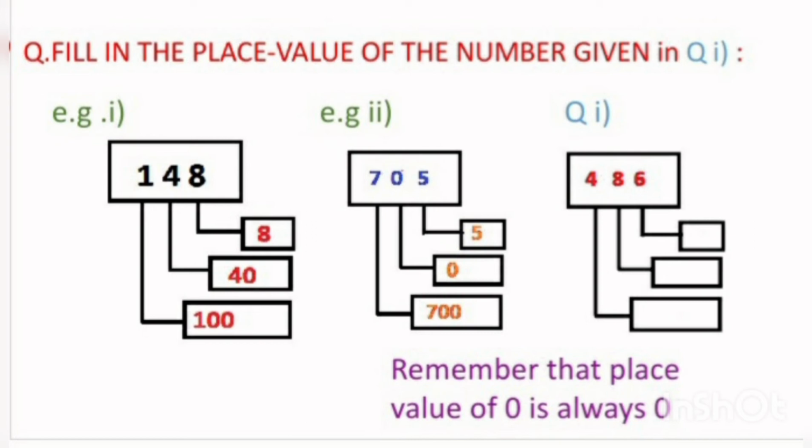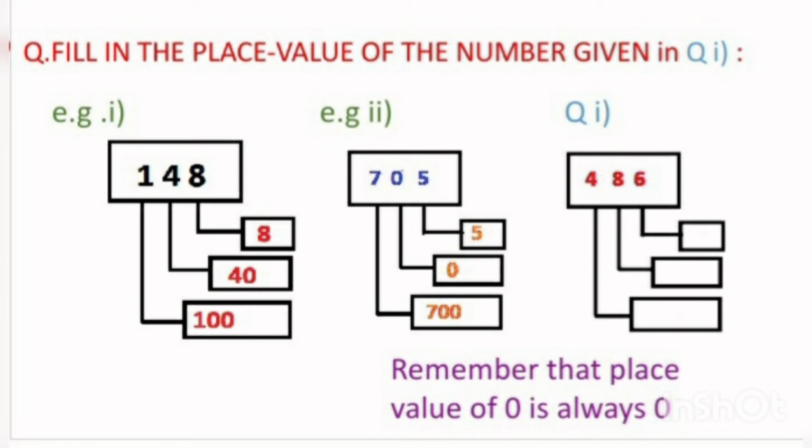Remember that wherever 0 is given, its place value will always be 0. Now see the position of 7. Here you can see that it is in hundreds place. So what will be the place value of 7 in 705? That is 7 hundreds, that is 700.